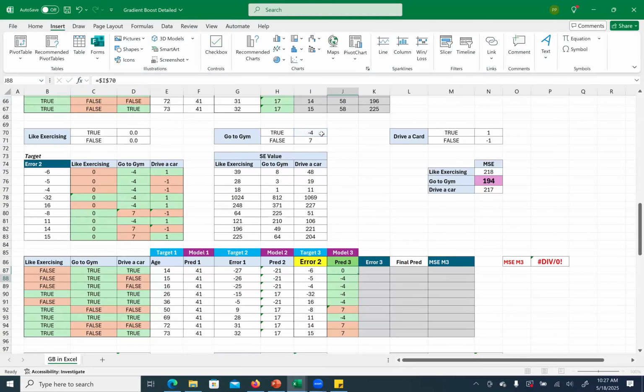Wherever it is true, -4. Wherever it is false, then 7. Okay. Now I will calculate error 3. What is going to be error 3? Again, the actual minus the predicted value. The actual value for me is error 2, minus the predicted value, which is prediction 3, which is this.